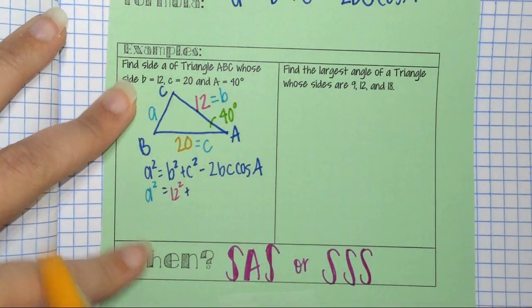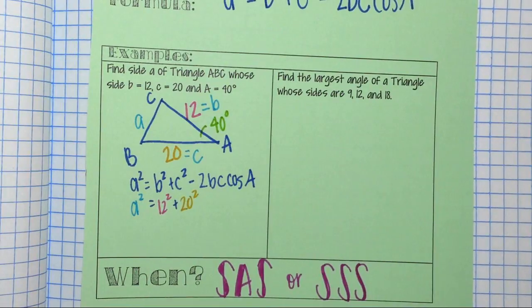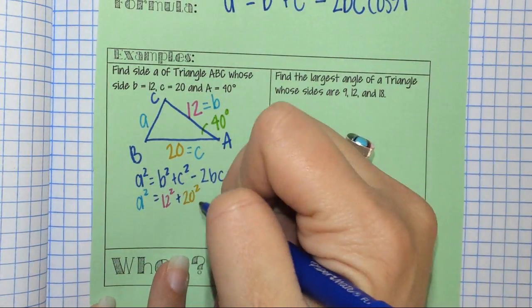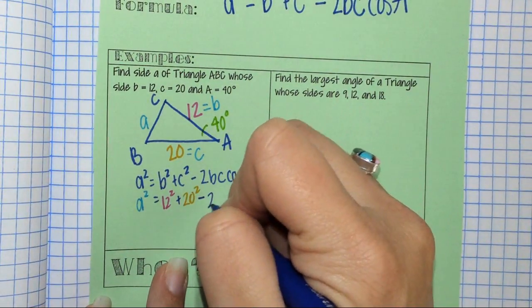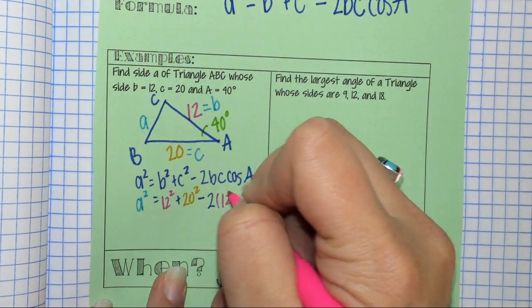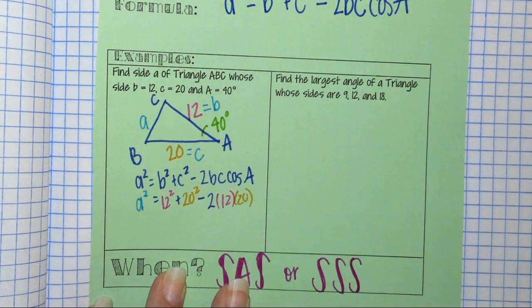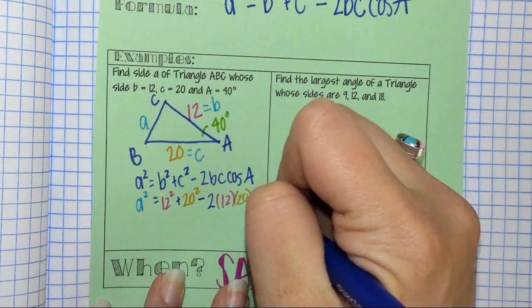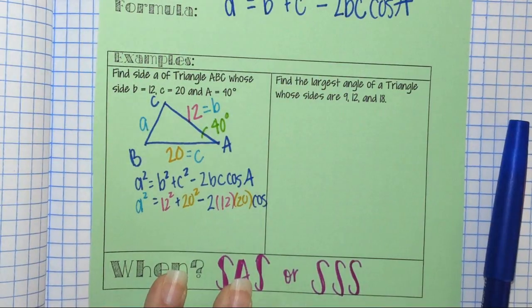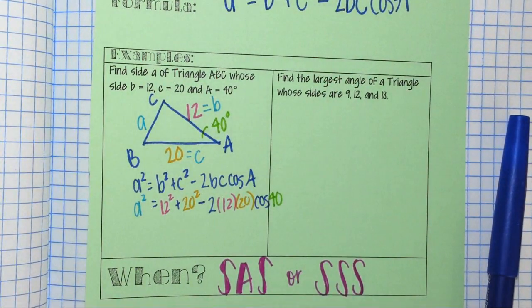Yes, 20. Look at us go, guys. It's like we know how to plug stuff in. Minus 2 times 12 times 20 times cosine of 40.